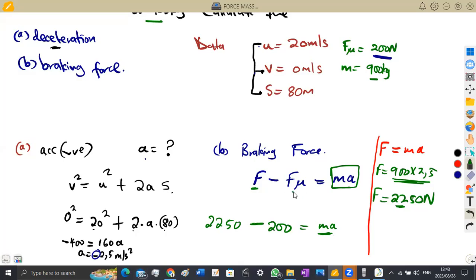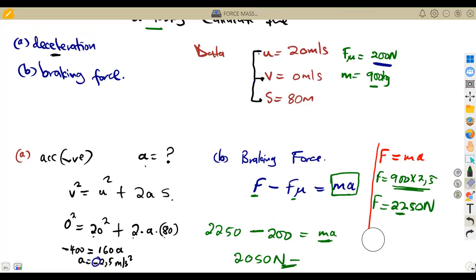It's now affected by a frictional force. So at the end, this one is going to give us 2,050, if I'm not mistaken here, Newton. So that is going to be our braking force. We can just have this as the braking force is equivalent to.